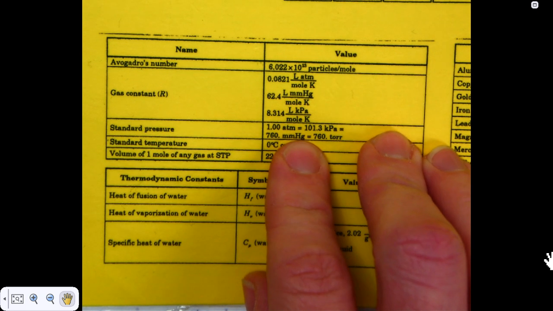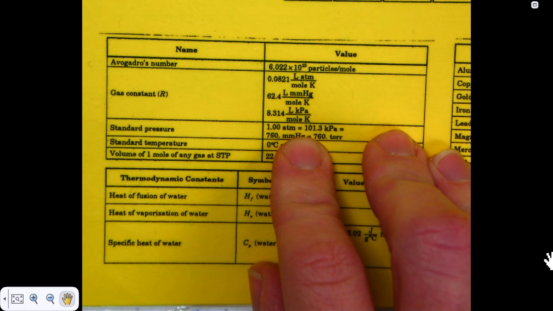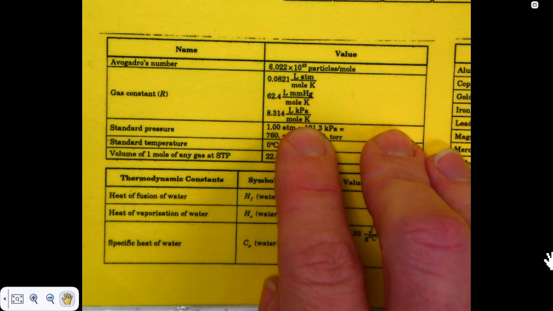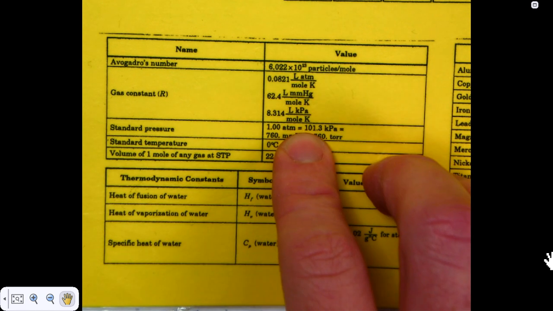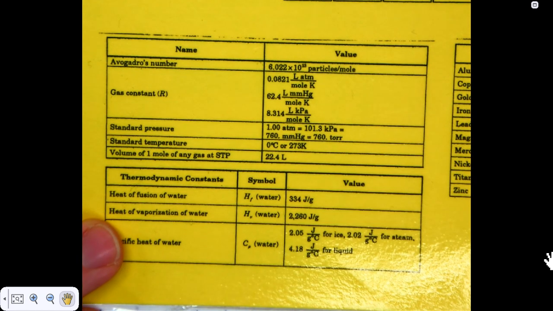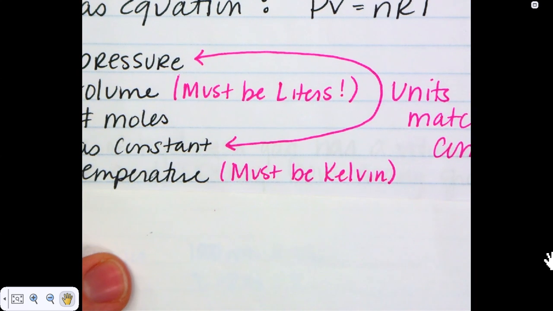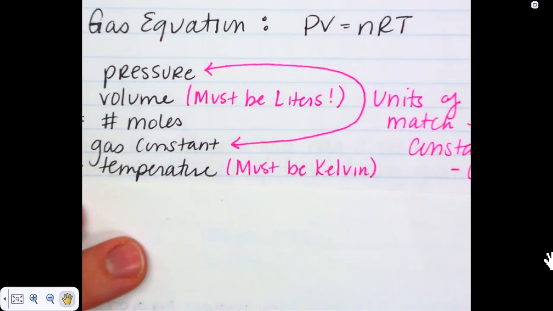I would have to convert to one of these 3. And there's also not one for pascals. I'd have to convert from pascals to kilopascals. So I'm limited to what these 3 are in terms of calculating. And then again, temperature has to be in Kelvin.